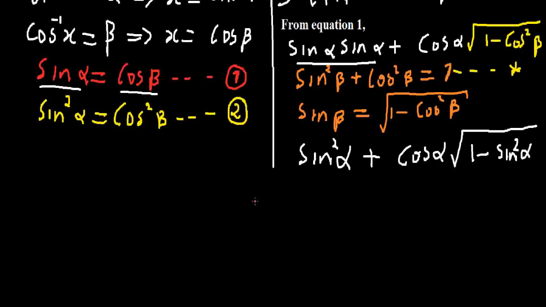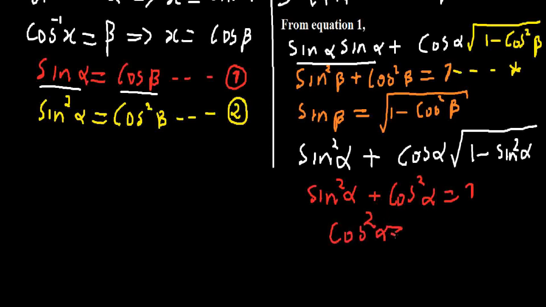So we know that from this identity, sin squared alpha plus cos squared alpha equal to 1. If we send sin squared alpha the other way, we are going to get cos squared alpha to be equal to 1 minus sin squared alpha.